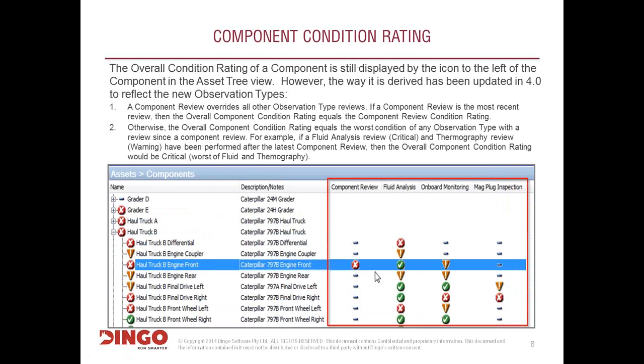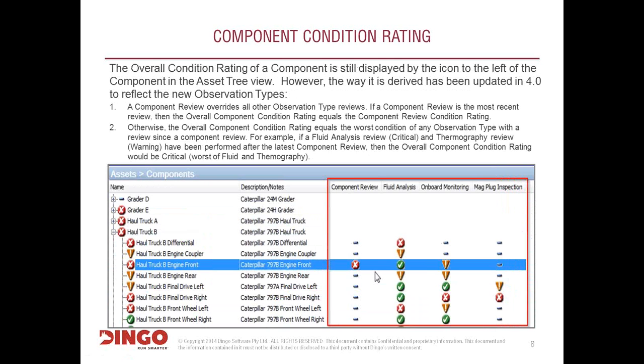However, the way we've calculated this condition has been changed in Trakka 4.0 to reflect the new observation types that we're potentially recording. So basically, if you do a component review, which is a review directly on the component itself, that will override any of the observation type reviews that have come in previously.